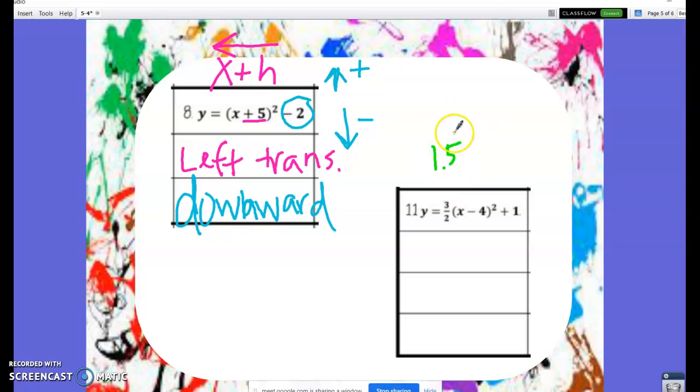So because it is a value bigger than 1, it's going to make our graph a stretch, a vertical stretch. It's going to make it more narrow because the number that you're distributing after you've multiplied is bigger than 1. So this is going to be called a vertical stretch.